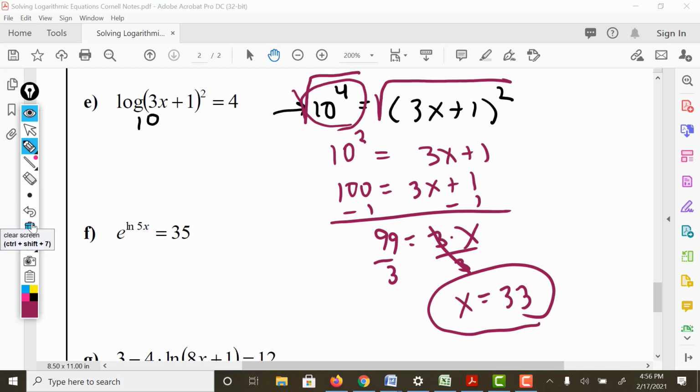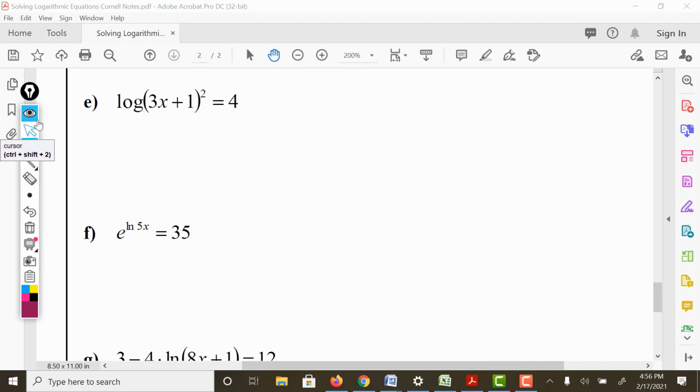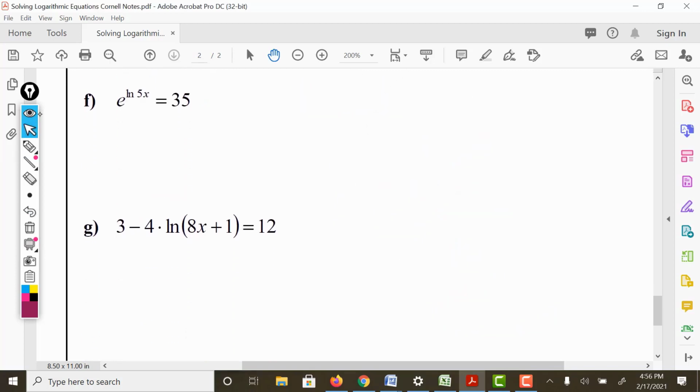All right. You could check this one, of course, because it's a base 10, and your calculators do base 10. What the heck is going on with f? It's an exponential, but it's a logarithm at the same time. Well, this is fascinating because I'm gonna have you recall that when we have a base that is the same as the argument, it's equal to the exponent.